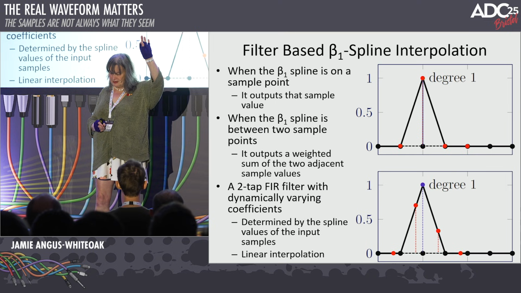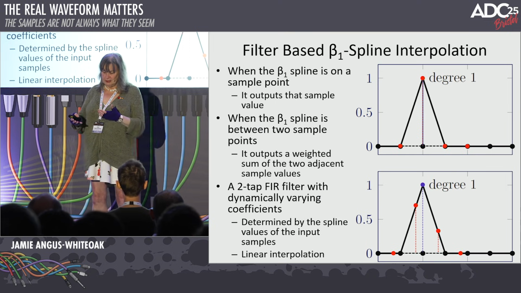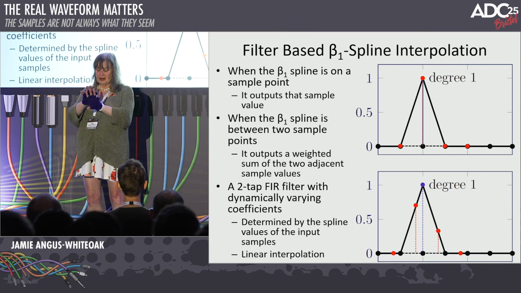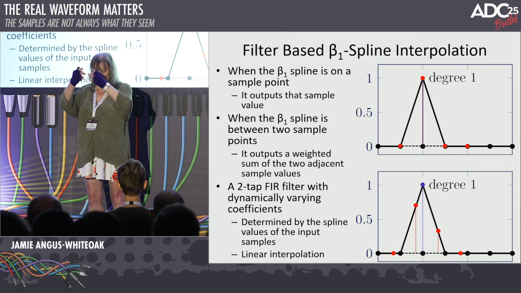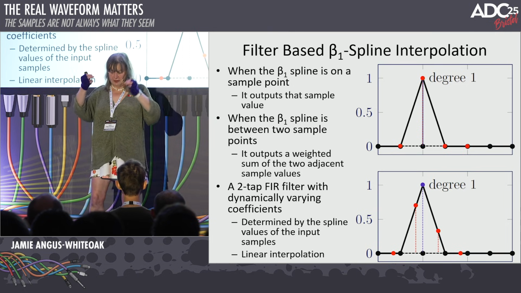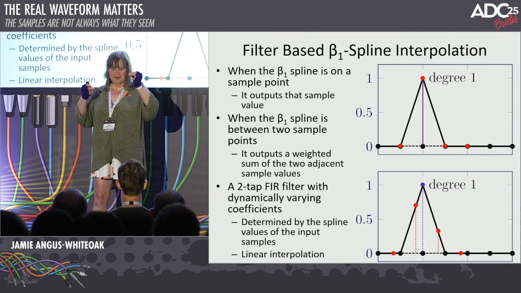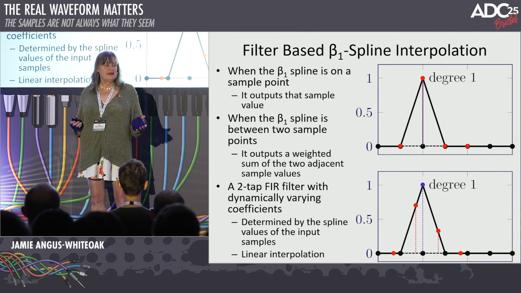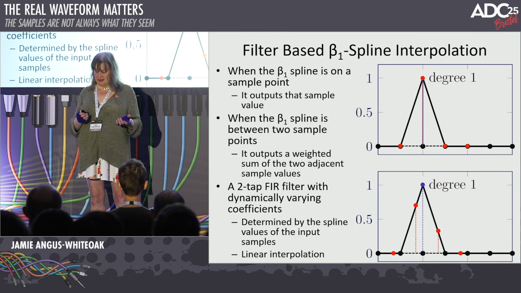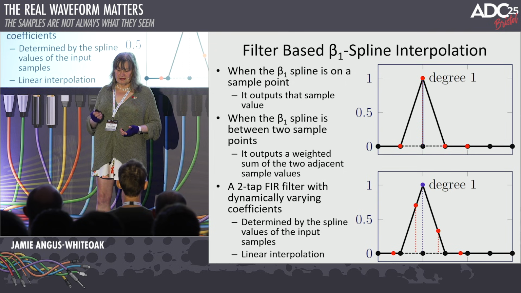That's what the 1 says. For a 2-tap, if it's slightly offset, we end up with 2 values of the spline that are non-zero. And we essentially form the middle sample by adding the appropriate weighted contributions of those 2 samples together. When you look at it in practice, it's linear interpolation. That's what it's giving us. It's determined by the spline.